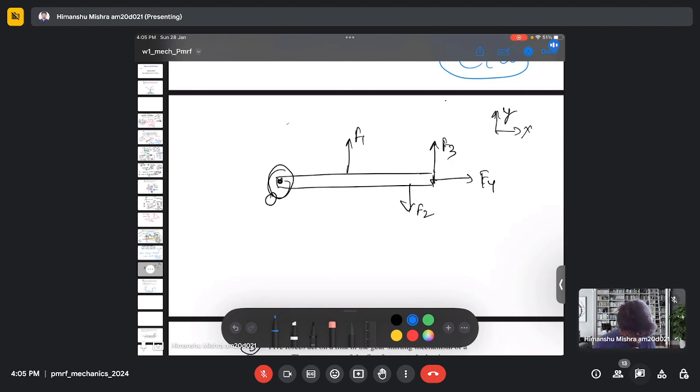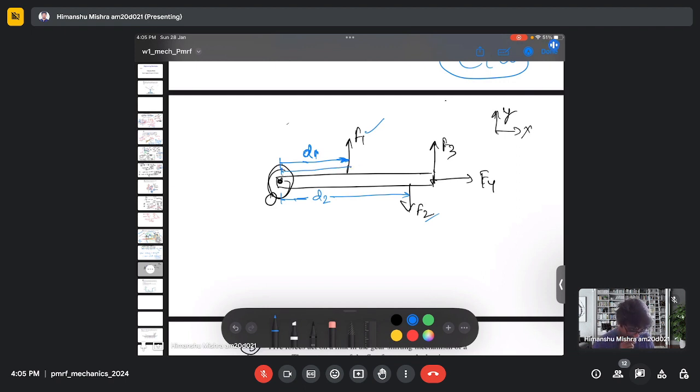The first force has a normal distance from O, let's say D1. This is the normal distance of force F1 to O. Similarly, for force F2, the normal distance from O is D2. So your F1 and F2 will create a moment.